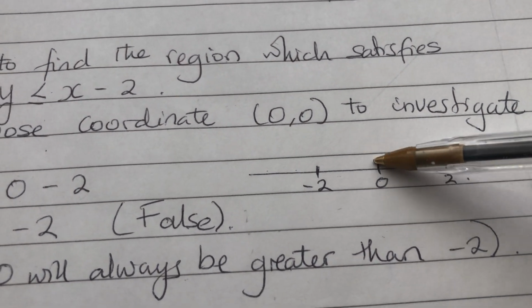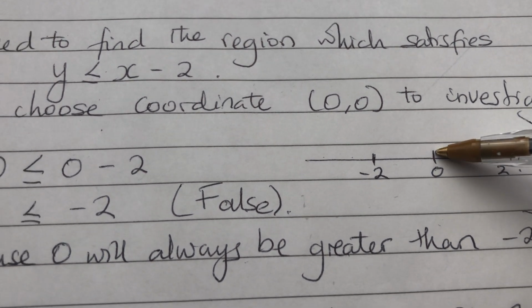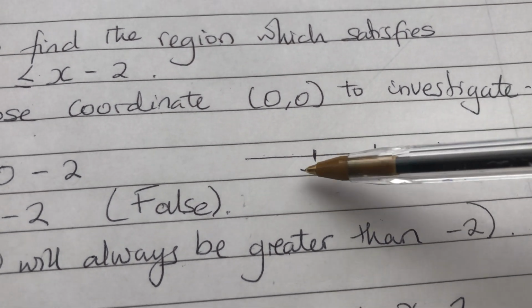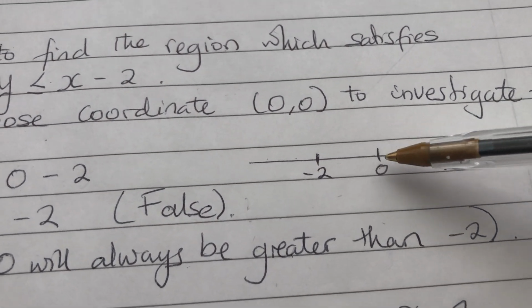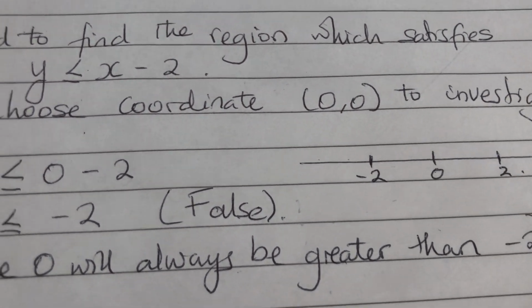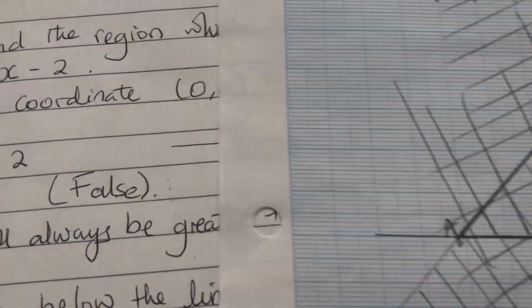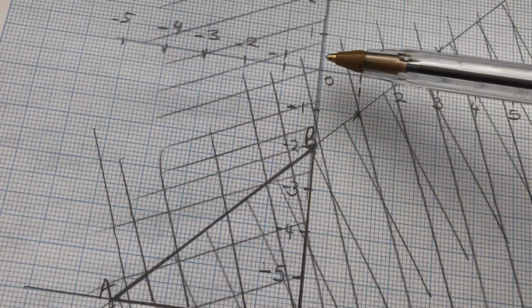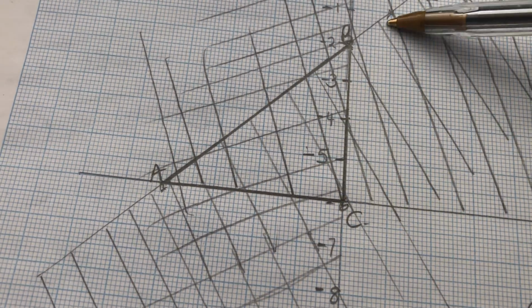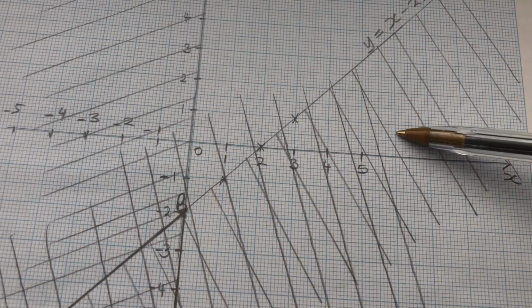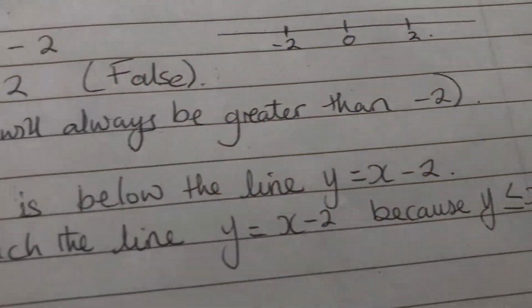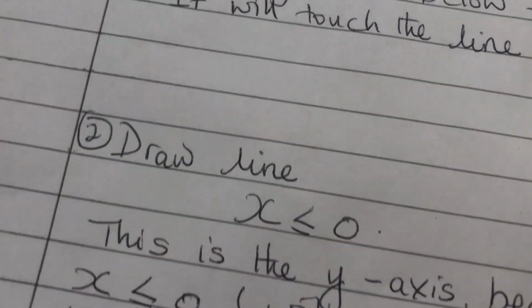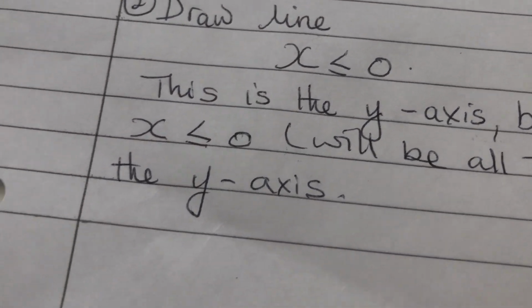If you look at the number line, 0 is never less or equal to minus 2. 0 is always greater than. So it means the region that will satisfy this inequality will be all the region that does not involve (0, 0). So if (0, 0) is here, this region here is what I need. So that is the first graph. So it's a region below the graph.